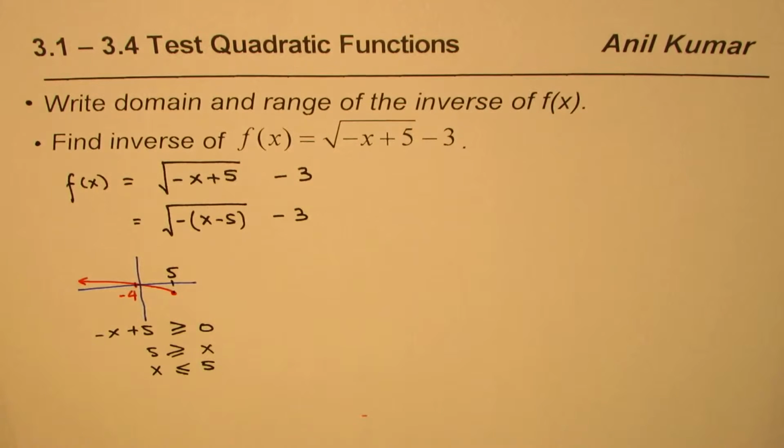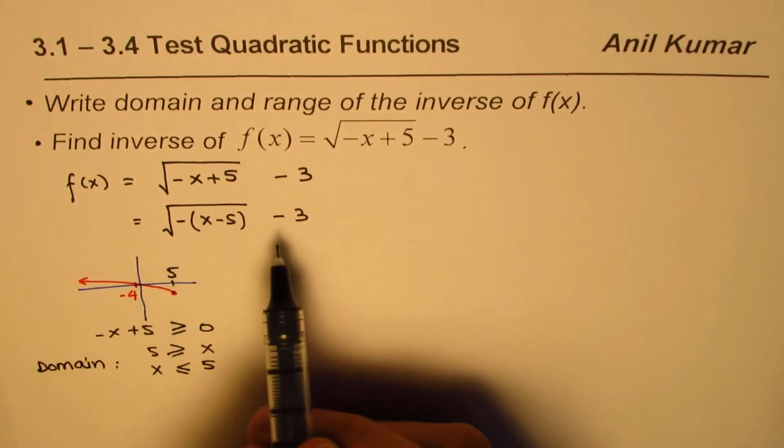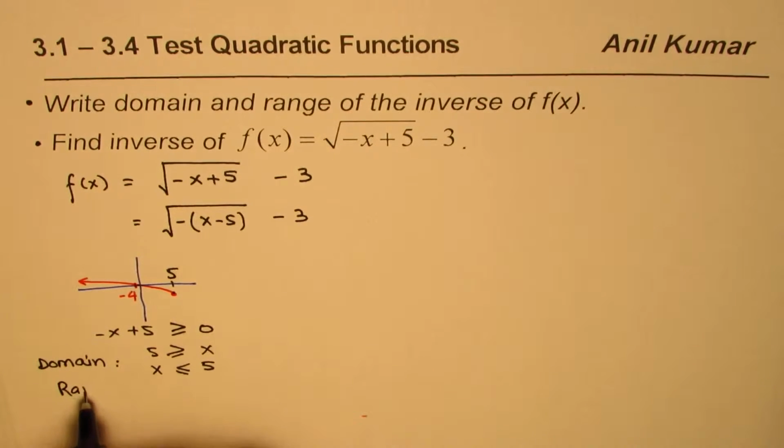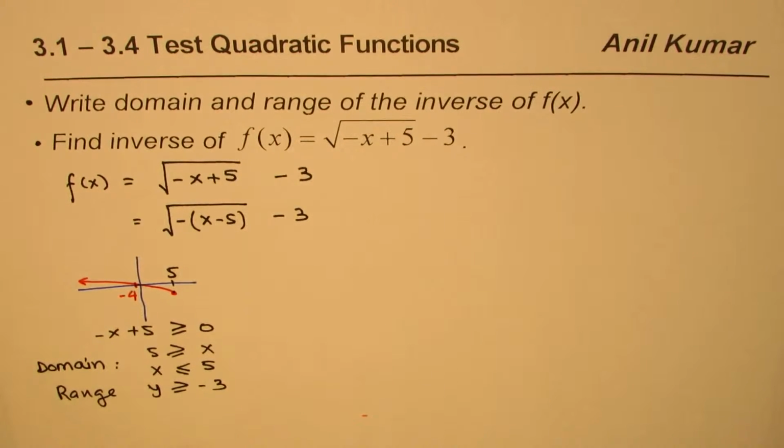That becomes the domain for the function. The range for the function is moving upwards from minus 3. So we say range is y greater than or equal to minus 3, correct? So we get the domain and range of the function.